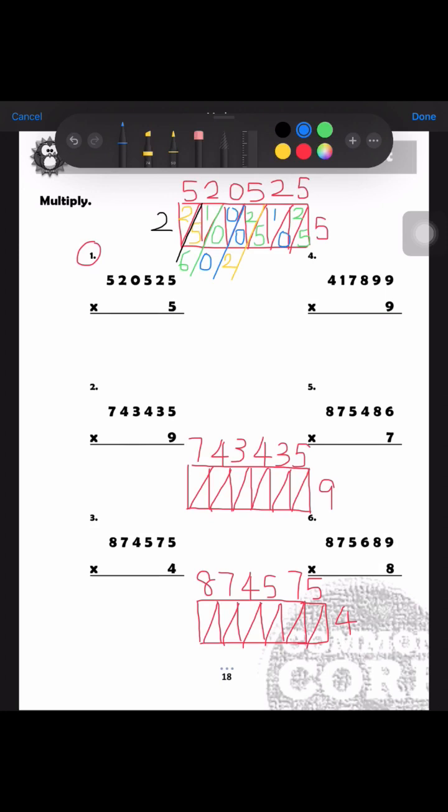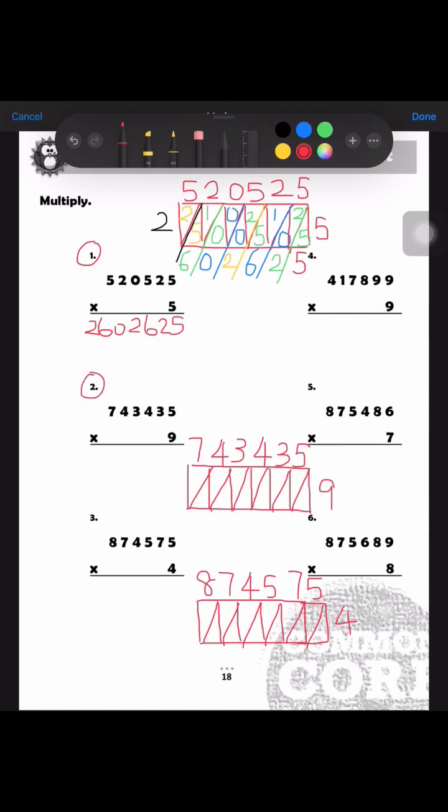And then 1 plus 5 equals 6. 2 plus 0 equals 2. And the last one is 5. So the answer is 2,602,625.